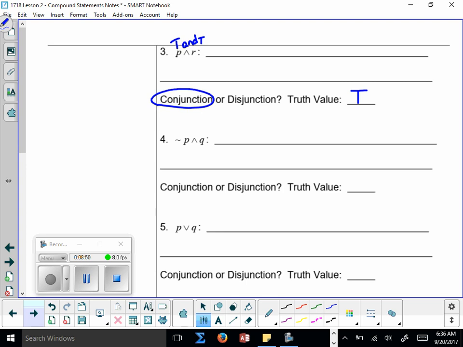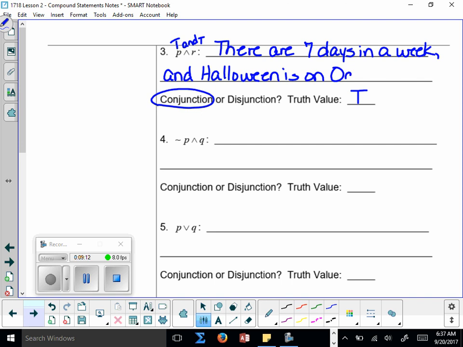Let's write that statement. There are 7 days in a week, comma, and Halloween is on October 31st.